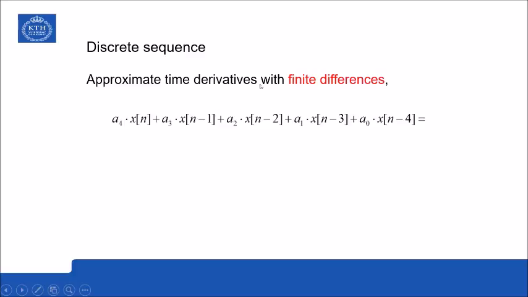So the left hand side of our differential equation can be written in this form. See, it's a linear combination of the sampled signal xn down to xn minus 4. And the right hand side, since it contained a second order time derivative, can be written in this form. Now the coefficients a and b here depend on the mass, stiffness and damping coefficients, and also the time step.